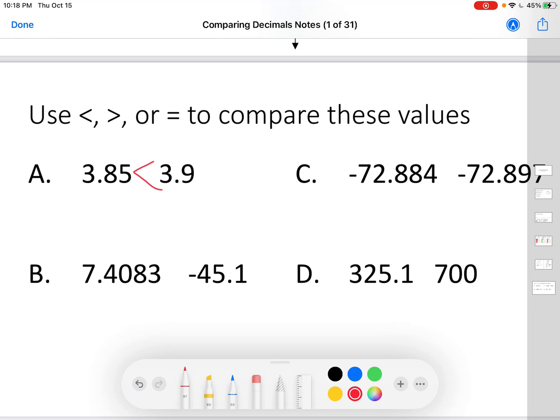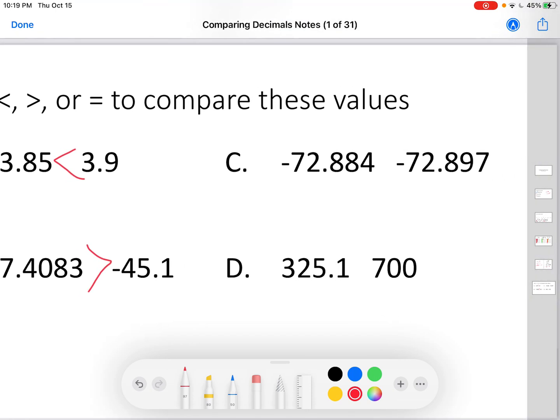This has 4. So 45.1 is much bigger than 7.4083. However, 7.4083 is positive and negative 45.1 is negative, and all positives are greater than all negatives. Let's look at this.